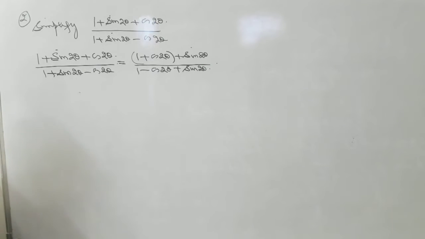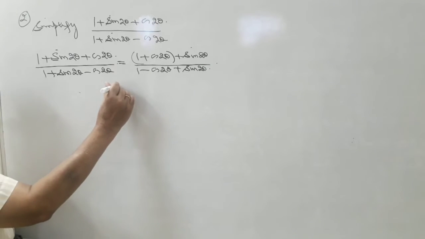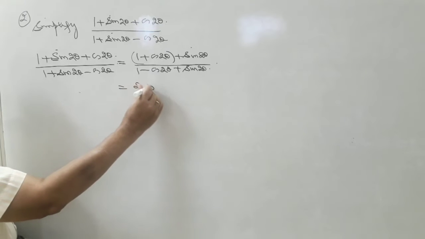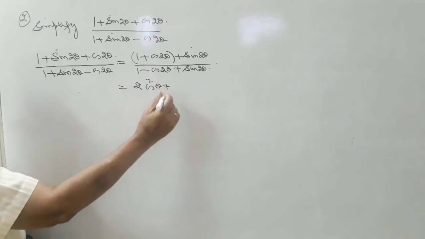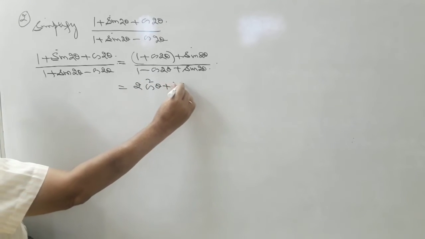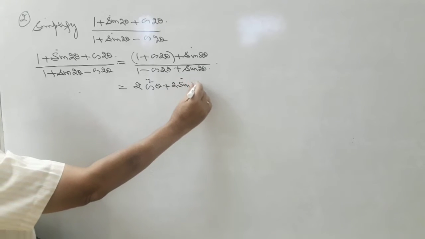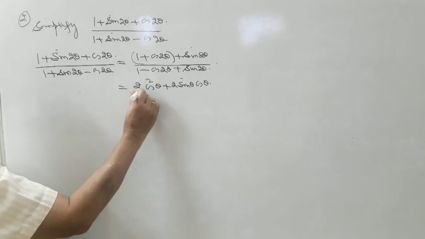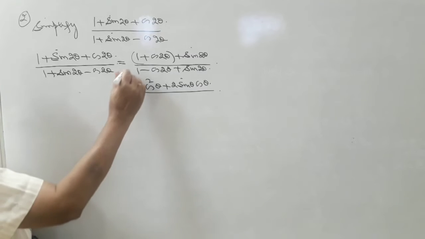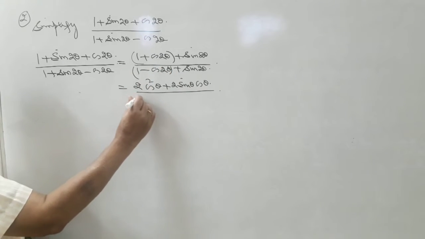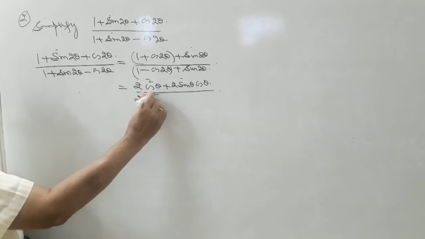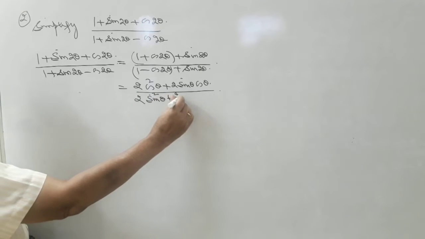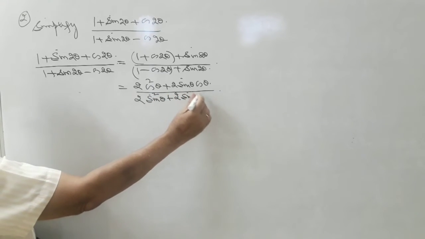The reason is that 1 plus cos 2 theta is 2 cos square theta, plus sin 2 theta is 2 sin theta cos theta, upon 1 minus cos 2 theta is 2 sin square theta, plus 2 sin theta cos theta.